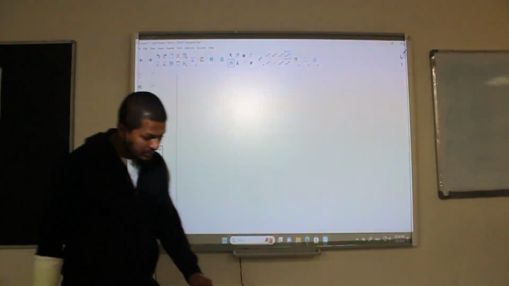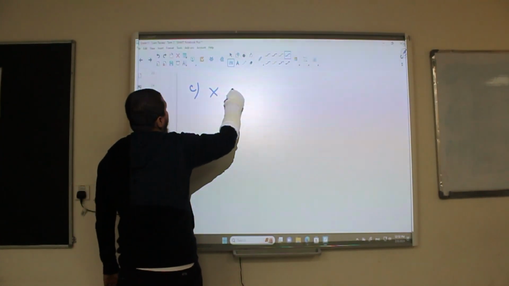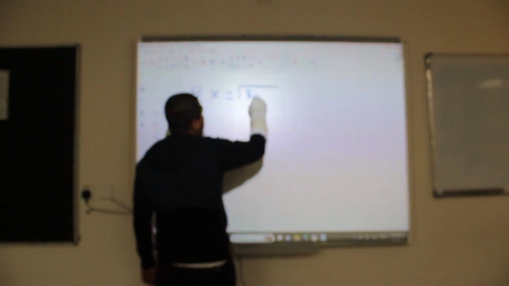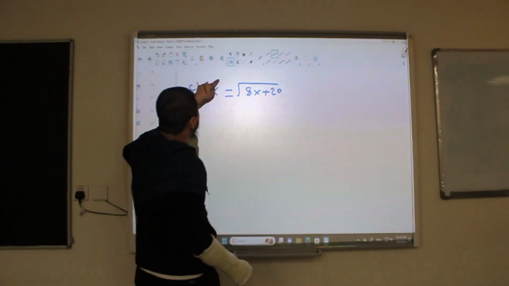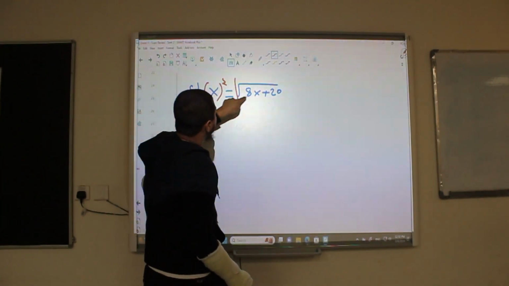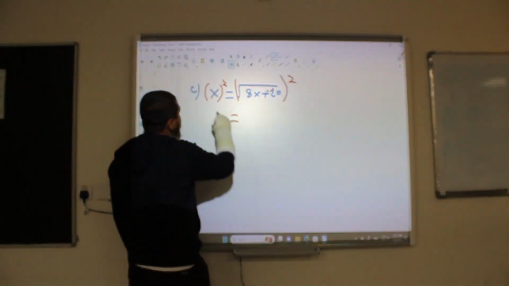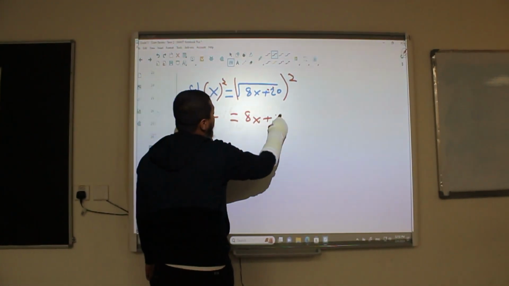Right, so now we are looking at part C, which is x is equal to square root of 8x plus 20. Again, because we have a square root, we will square both sides, right? Now squaring both sides gives us x squared here, on the other side gives us 8x plus 20.